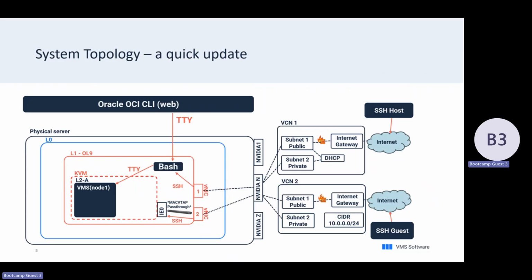Once again, this is the previous topology we have been talking about when we invested in the cloud. So the nested one, where first of all, we need to have 2 different VCNs to network, where one is used to SSH into the Oracle Linux host, and we then can get into the VMS instance itself through the second interface where we do a mapping. But then we move to the new topology.